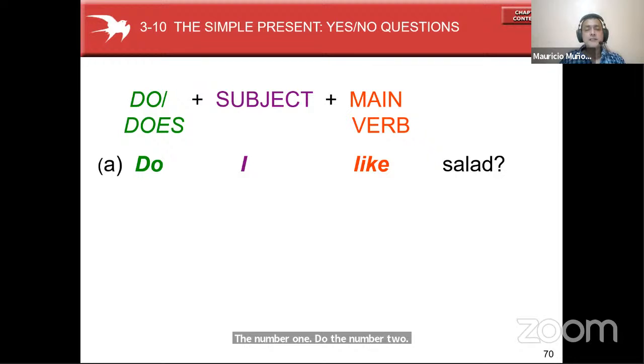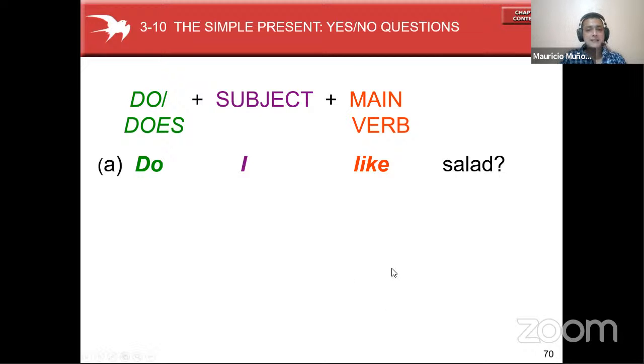Well, guys, as you can see, we have three different colors: green, purple, and red. The green ones are the auxiliary verbs. The purples are the subject and the red are the verbs.